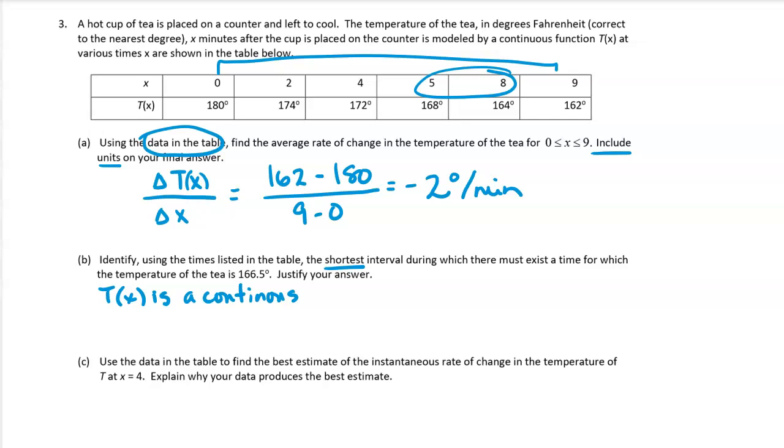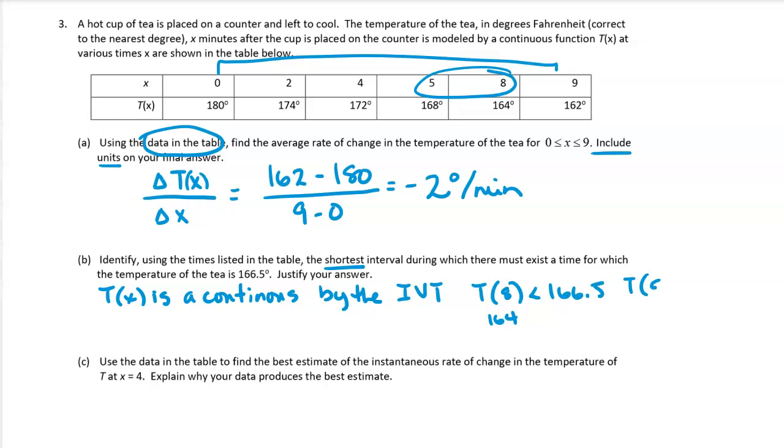So by the Intermediate Value Theorem, since T of 8, which is 164, so I would let you use either T of 8 or 164, is less than 166.5.